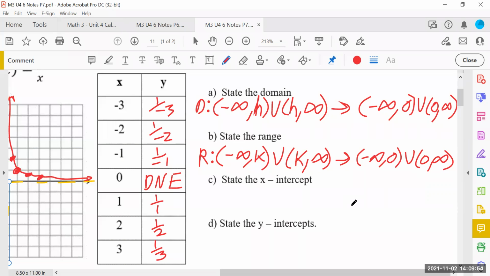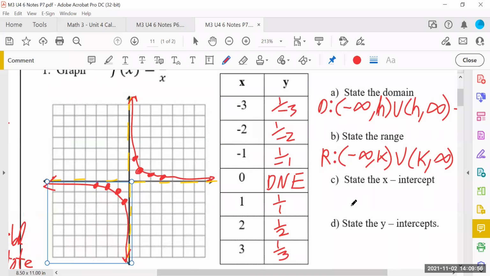So now, does this graph have an x-intercept? How can I be 100% sure this graph does not have an x-intercept? They don't touch. So is everybody good with the idea that I have an asymptote on the x-axis?